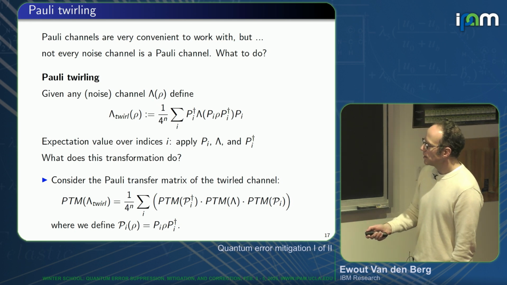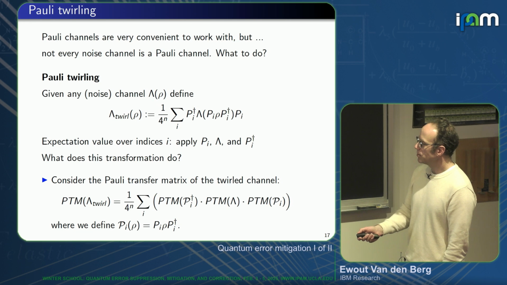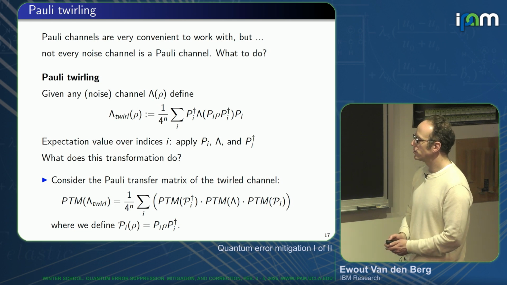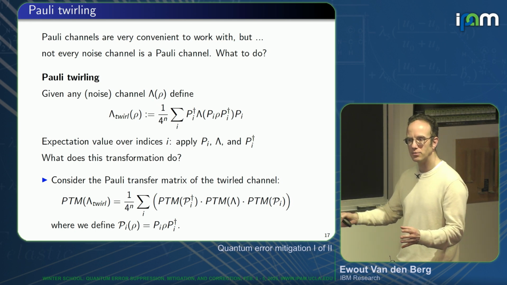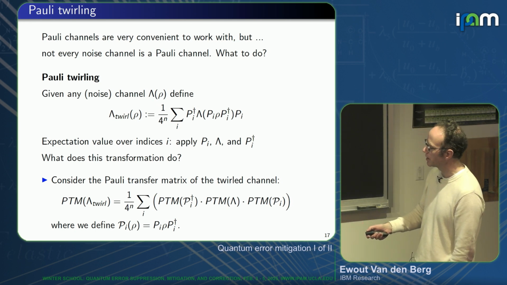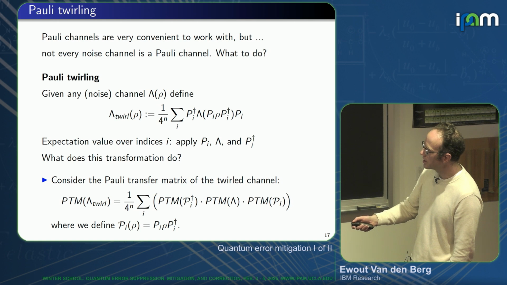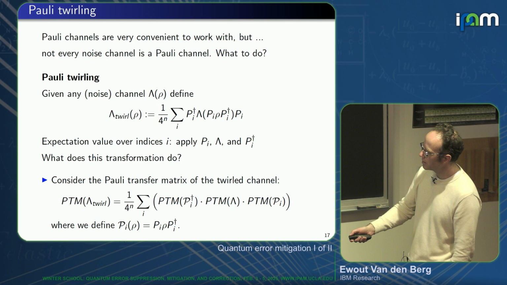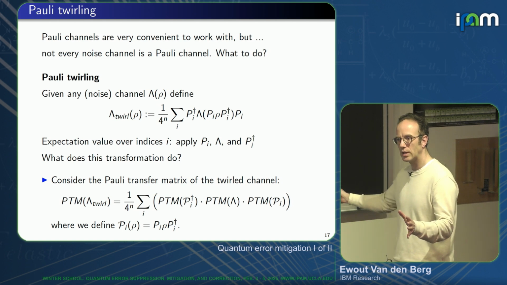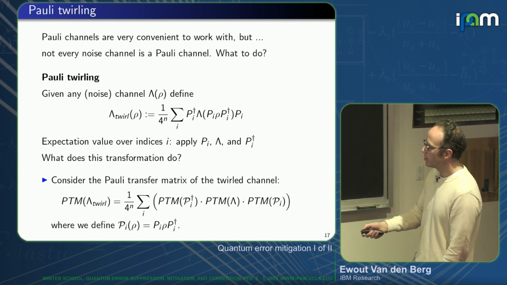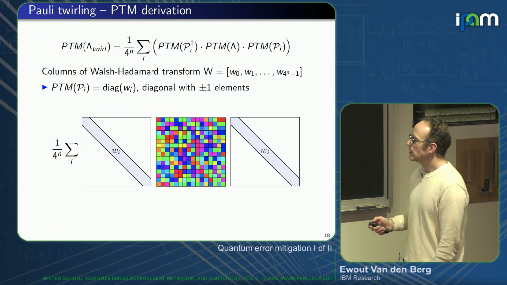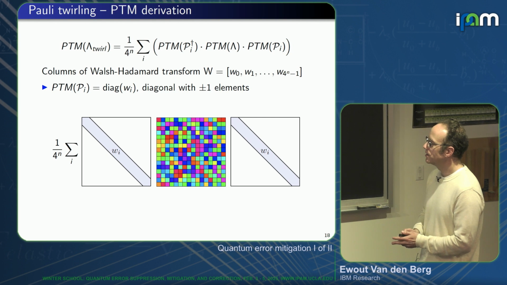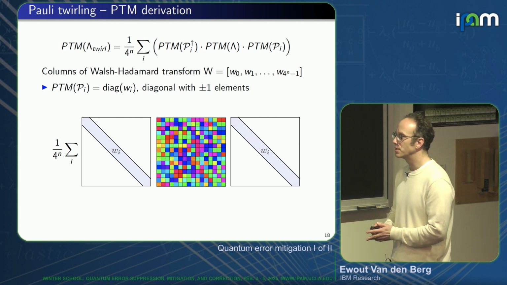So what does this transformation do? Let's look at the Pauli transfer matrix of the twirled channel. The Pauli transfer matrix of these operations is just the product: first we apply this calligraphic Pi, which is defined as P on either side, then we apply the noise channel, and we apply the dagger. This is where the graphical representation of the matrices comes in handy.